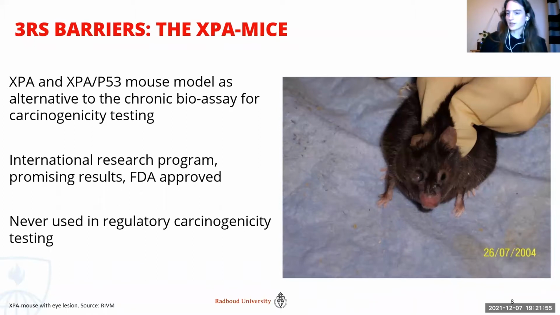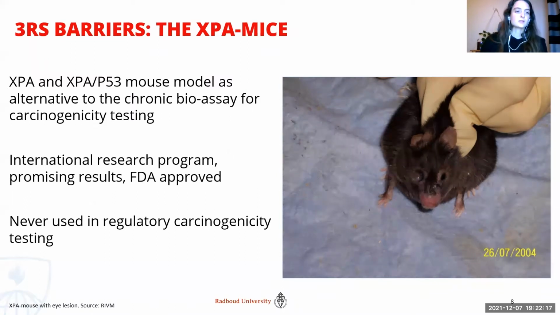And the thinking behind this was that for carcinogenicity testing, you had to do a chronic bioassay in a rat and a mouse. And what if we use more sensitive mice? And then maybe we will need to use fewer mice and also have a shorter duration of the assay.